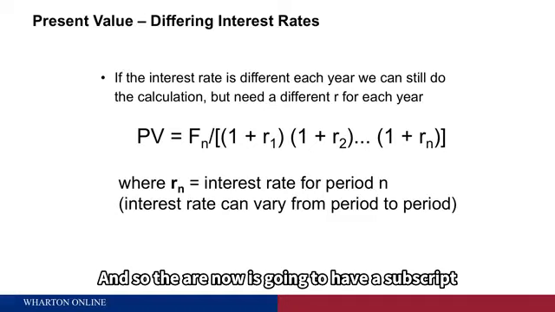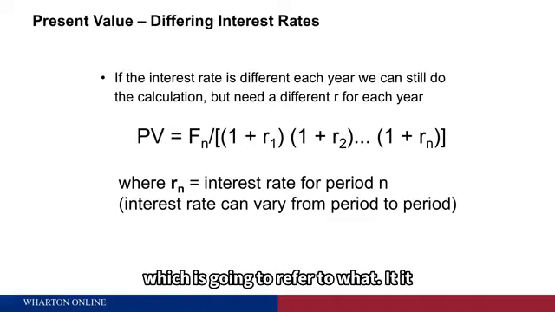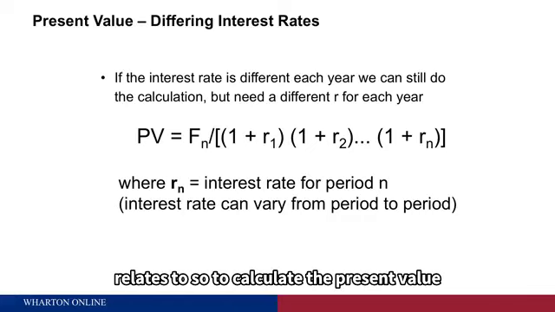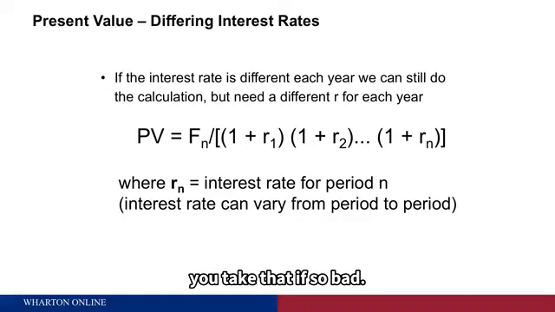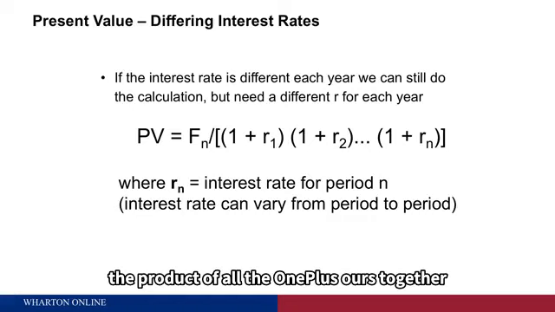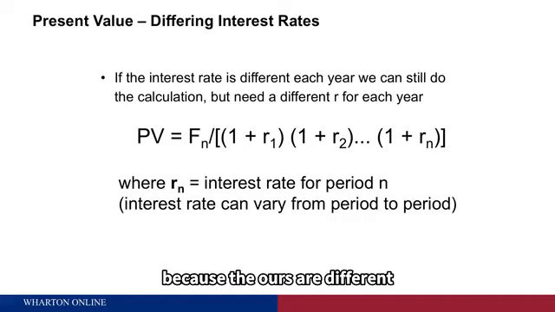And so the R now is going to have a subscript, which is going to refer to what period it relates to. So to calculate the present value when the interest rate varies through time, you take that F sub n, but rather than dividing by 1 plus R raised to the nth power as we did before, we now have to multiply the product of all the 1 plus R's together because the R's are different.